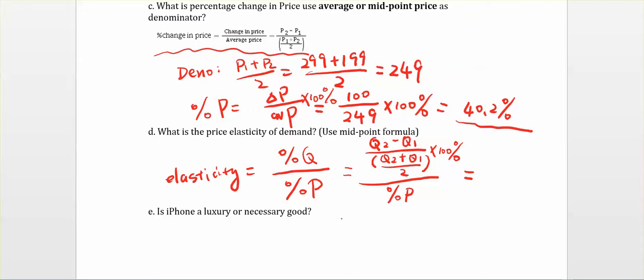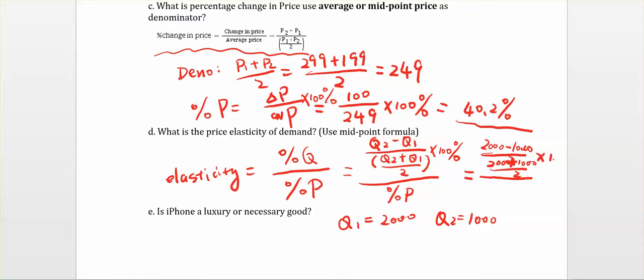We know Q1 equals 2,000 and Q2 equals 1,000. So now we can plug in our data. We get 2,000 minus 1,000 divided by 2,000 plus 1,000 divided by 2, times 100%.